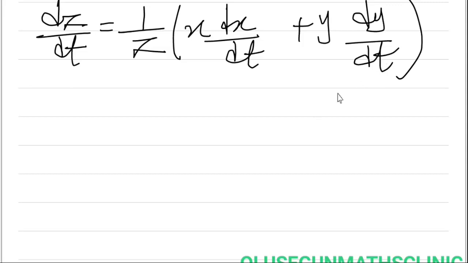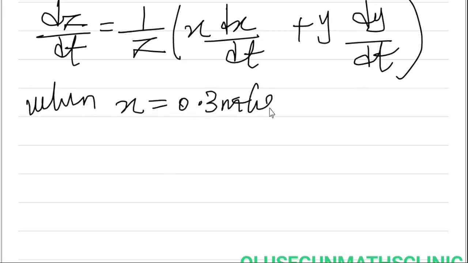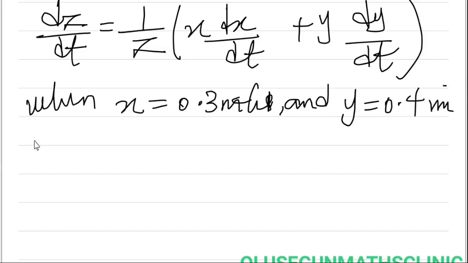So now when x is equal to 0.3 mile and y is equal to 0.4 mile. By Pythagoras, as we said earlier, z squared is equal to y squared plus x squared.